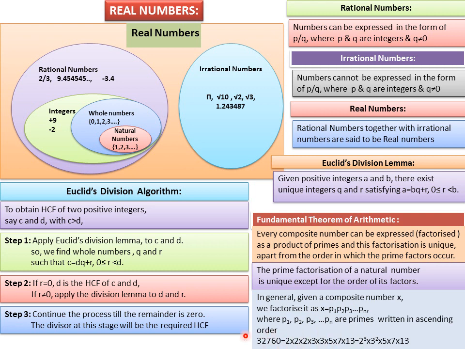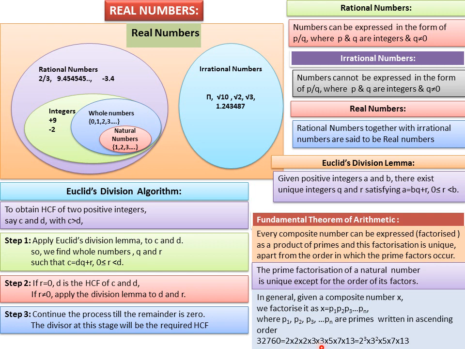These are all prime numbers, and their product gives me a composite number x. Here is an example: 32760, when factorized, gives all prime factors. A prime number is one which cannot be further factorized. So once we factorize this, we get 2 into 2 into 2 into 3 into 3 into 5 into 7 into 13.